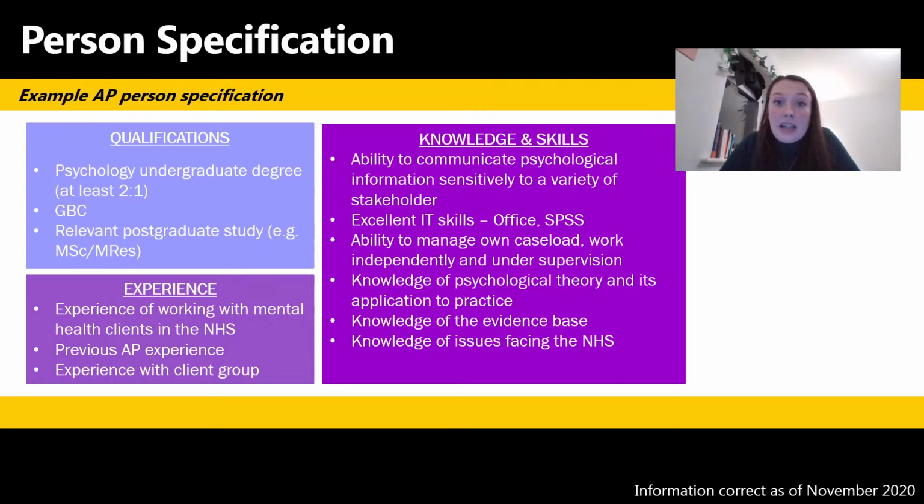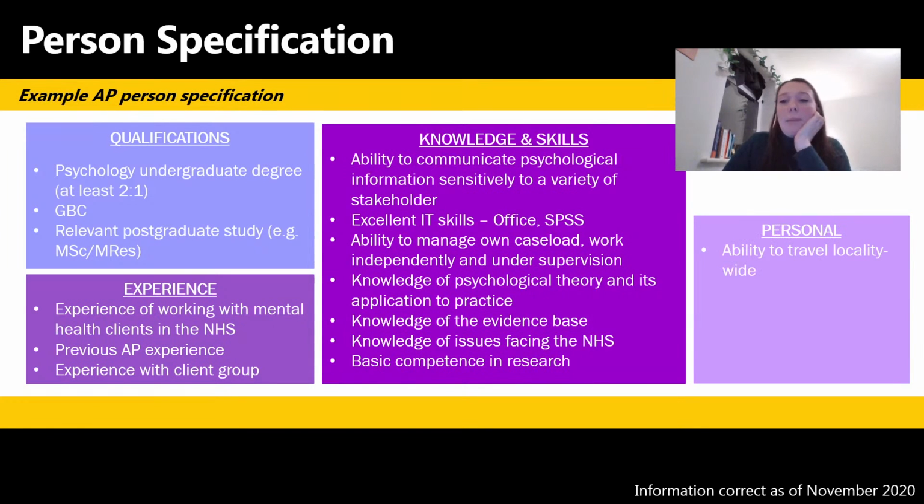Knowledge of issues facing the NHS and why you want to work in the NHS given these issues, and basic competence in research. Knowledge and skills tends to be the biggest part of the person specification, and they tend to have a lot of things in the essential criteria that a lot of people meet. So it's all about showing how you meet this specification.